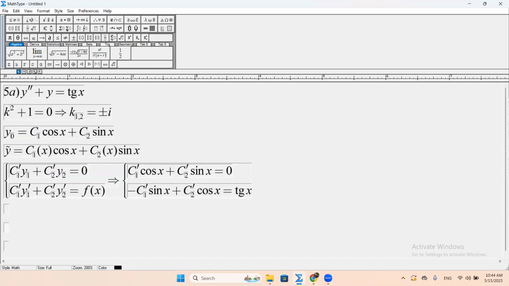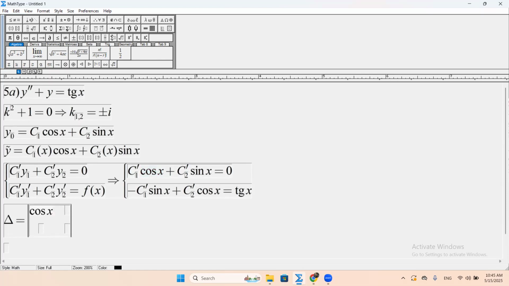Actually, how to solve it? Considering that it is a system of linear algebraic equations with respect to these variables, we can solve it with the Cramer formula, for example. We can now consider these functions as constants.